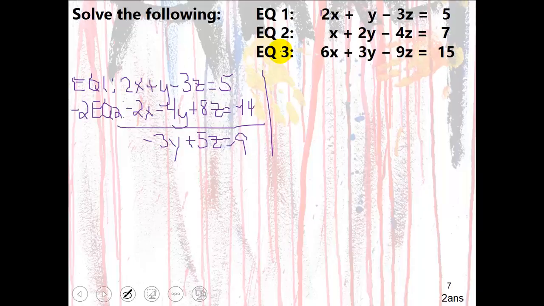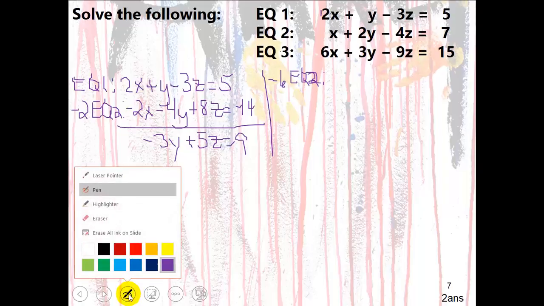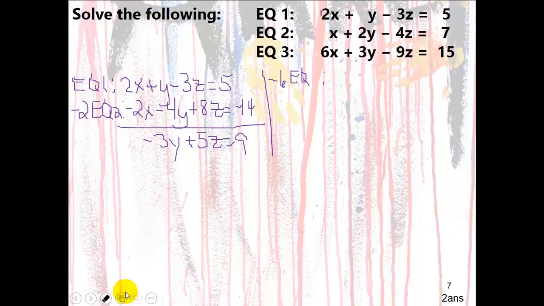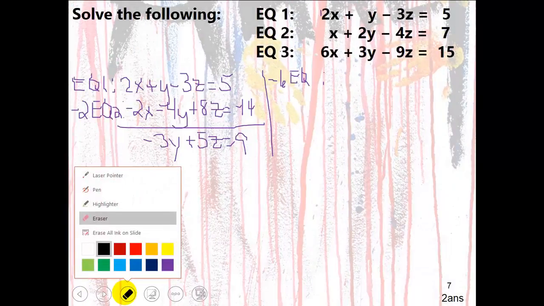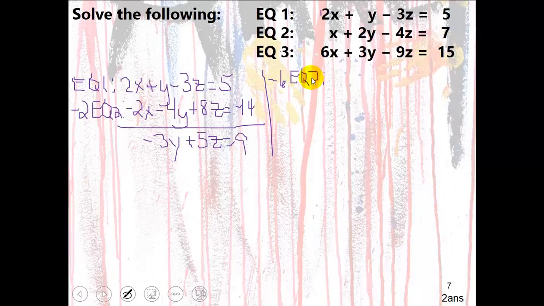So I'm going to go negative 6 times equation 2, and that gives me negative 6x minus 12y plus 24z is equal to negative 42.